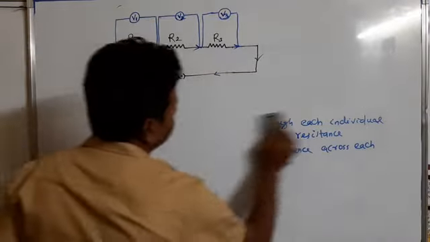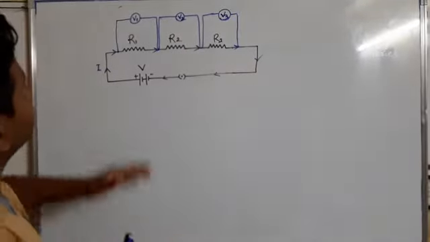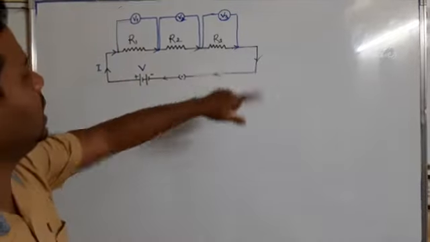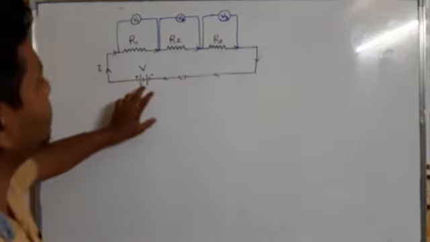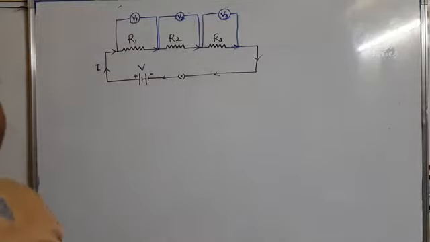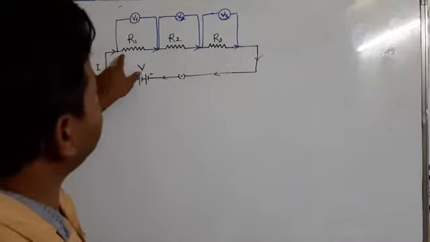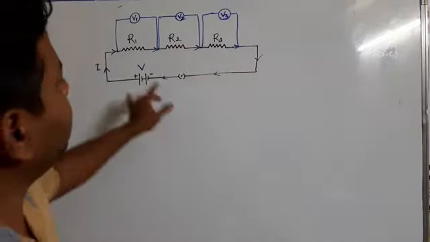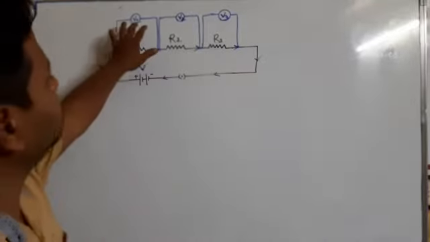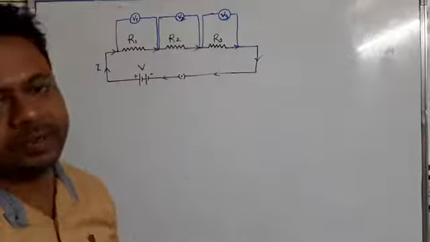Okay, so now let's start the derivation. Let three resistors R1, R2, R3 be connected in series with a battery of voltage V. Let I amount of current be flowing through the circuit, and the potential difference across R1 is V1, R2 is V2 and R3 is V3.